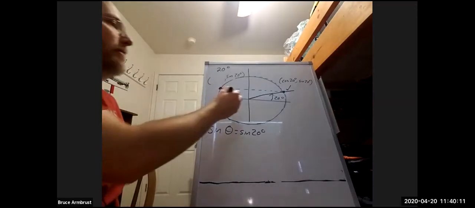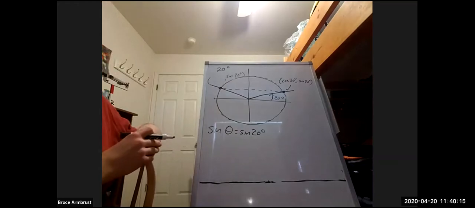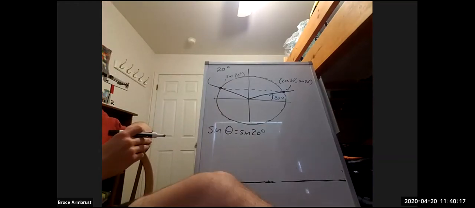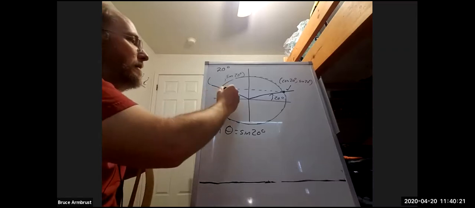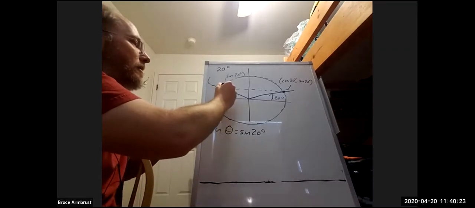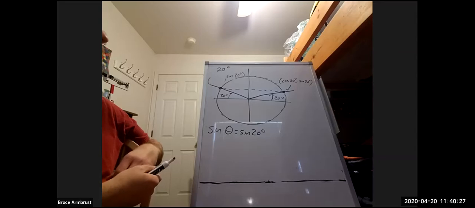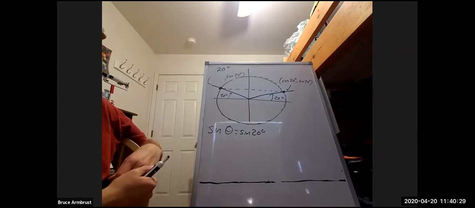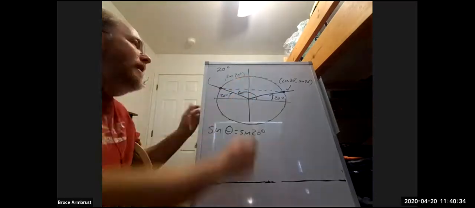So we're looking for the angle that passes through this point. So we're going to make use of the symmetry. And the symmetry here says that this also has to be 20 degrees. So the 20 degrees is our reference angle. And so the question is, what is that angle?